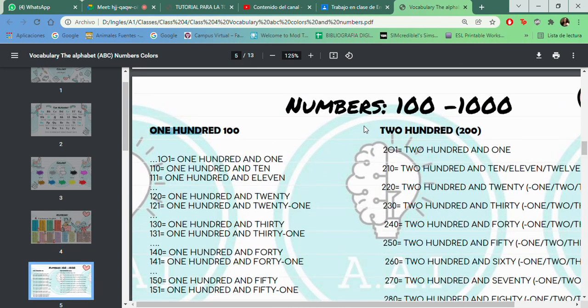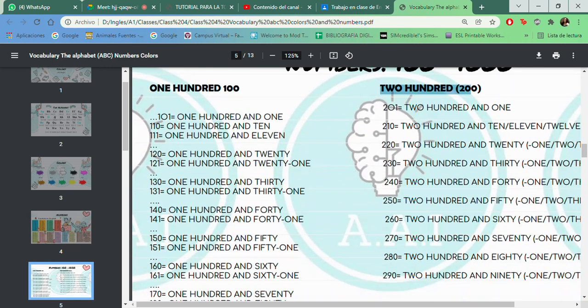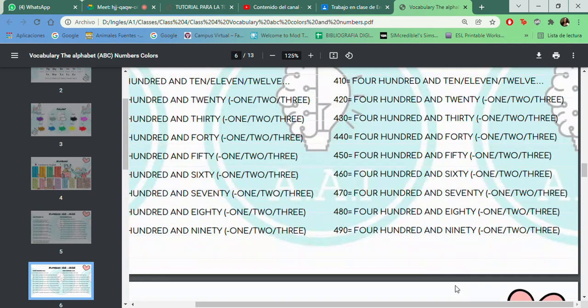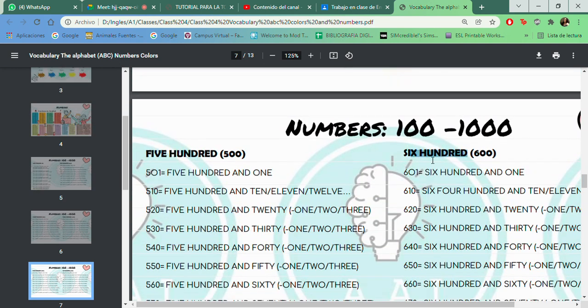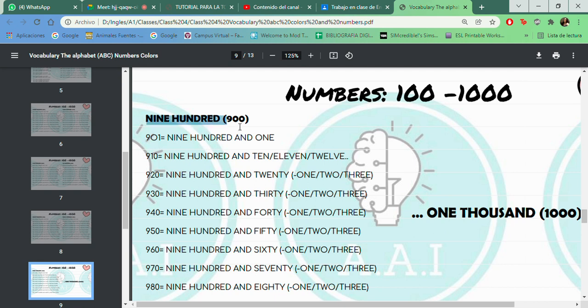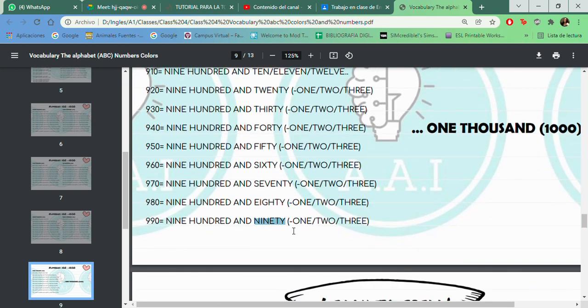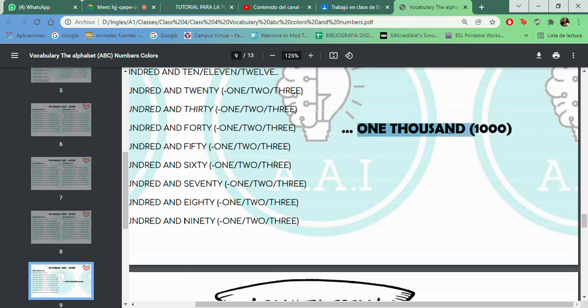Then, after 100, 200. 201, 202, 203, 204, 205, 206, 218, 226, 234, 255, etc. Here you have the numbers, but it's really easy, the rule. 300, 400, 500, 600, 700, 800, 900, and after 999 it comes 1000. 1000, 2000, 3000, 4000, 5000.